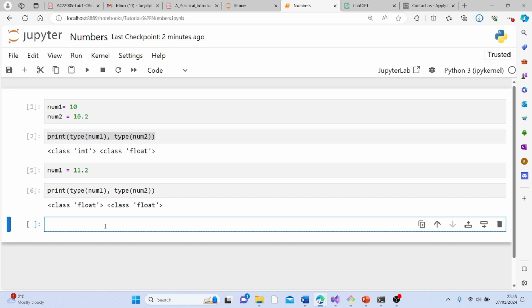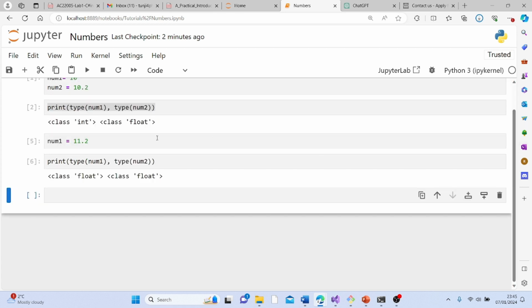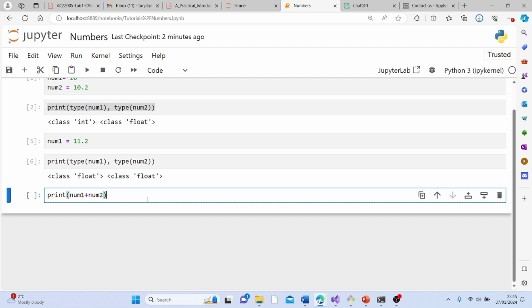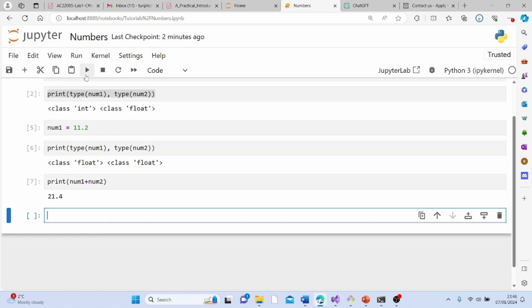You have seen the basic types of operator, for example, the addition operator. We can say print num1 plus num2. This is the addition operator, and it will give us the addition of num1 and num2. We have in num2 10.2 and in num1 now 11.2, and the addition of both will give you 21.4.